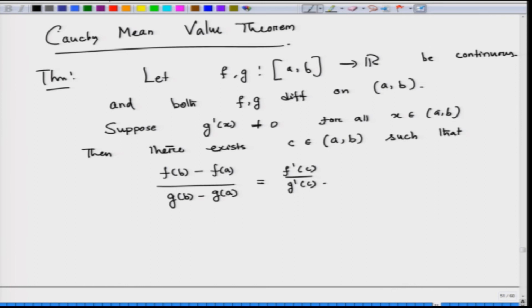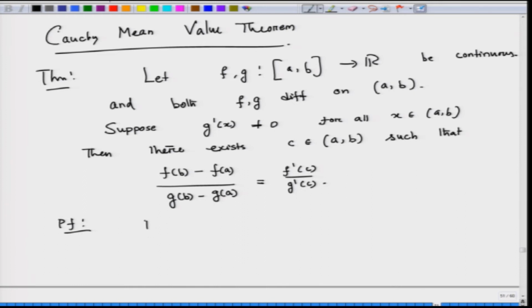Now suppose if f of a is equal to 0, then you will get f of b by g of b is equal to f prime c by g prime c. That is what you would like to get. Which means essentially you are looking at the ratio f x by g x, right.